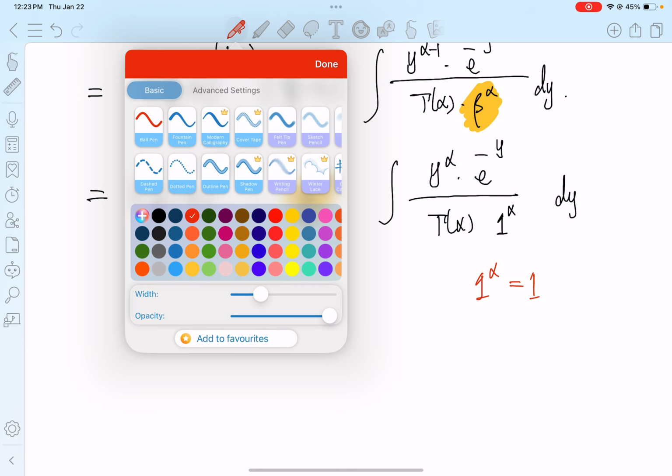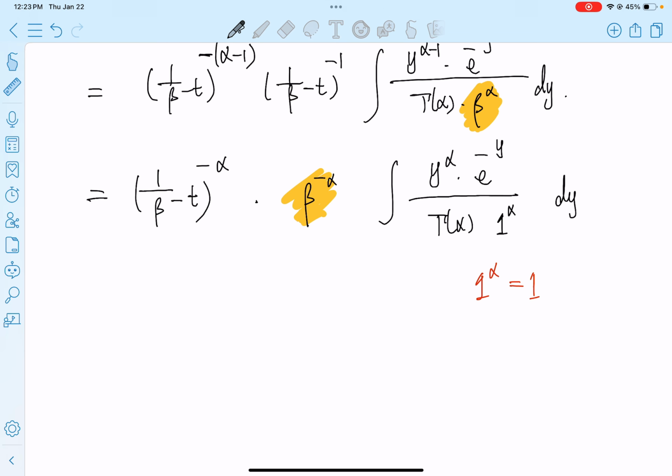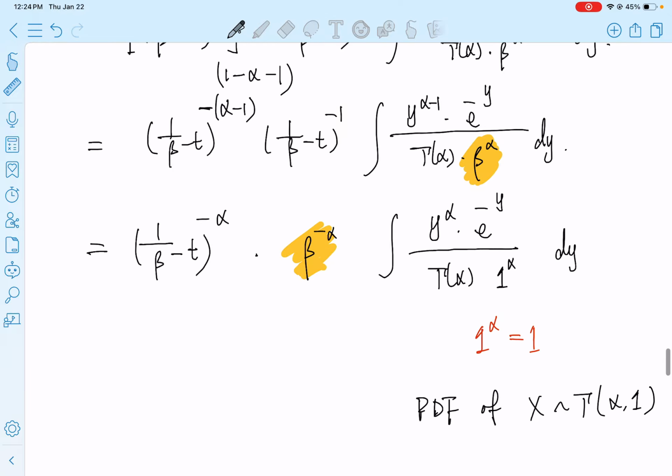But you will realize this function here is the probability density function of x following a gamma distribution of alpha with the beta just equal to 1.